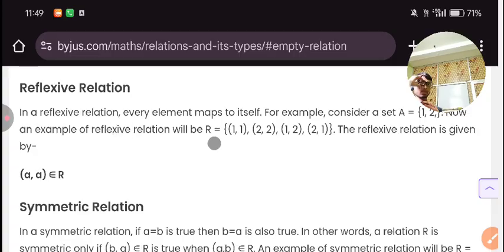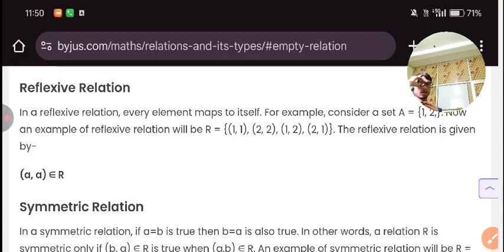Reflexive relation, we have this (1, 1), (2, 2), (1, 2), (2, 1). The relation is given like that. We have this set A, which has 1, 2.